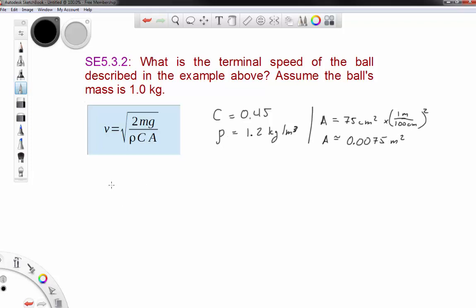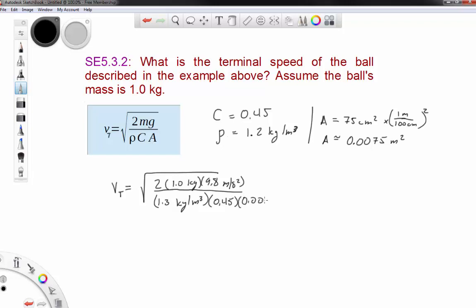Okay, so the terminal speed, therefore, this is a terminal speed equation, should look like this. Square root of 2 times 1 kilogram times 9.8 meters per second squared divided by 1.3 kilograms per meter cubed times 0.45 times 0.0075 meters squared.